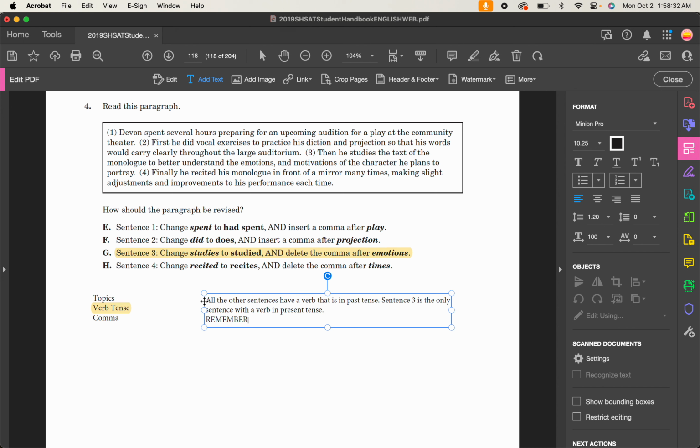Remember, verbs must always be in the same tense most of the time, right? So you can't go from talking about past tense to present tense, right? It should usually be in past tense, past tense, past tense if you're writing a paragraph or a story. Don't switch between tenses.